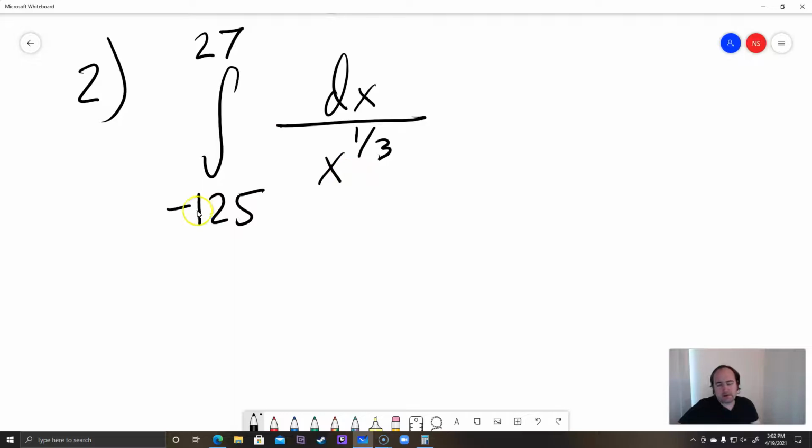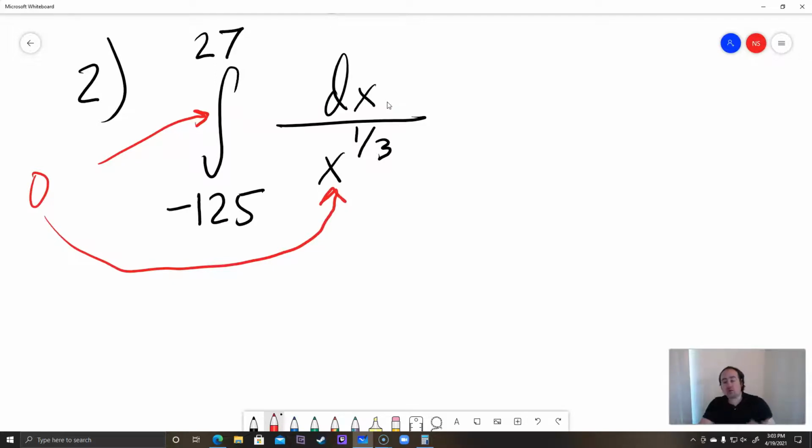Well, remember, an integral actually goes from this number all the way up to that number, and it's continuous, which means it's taking the area under everything from negative 125 all the way up to 27, which means we're going to have to pass through 0. Okay, so somewhere along the way here, 0 is somewhere in there, and if we plug in 0, we're going to be dividing by 0, which is undefined.